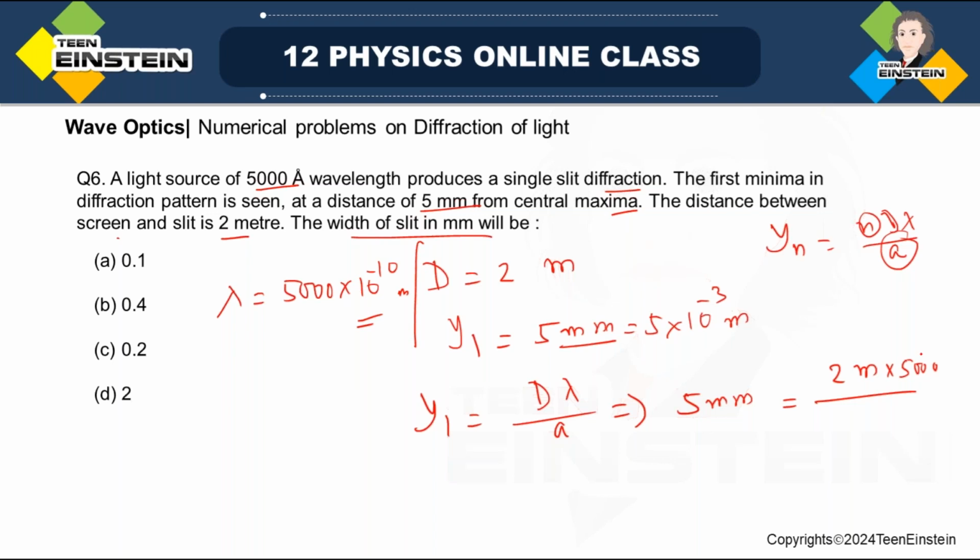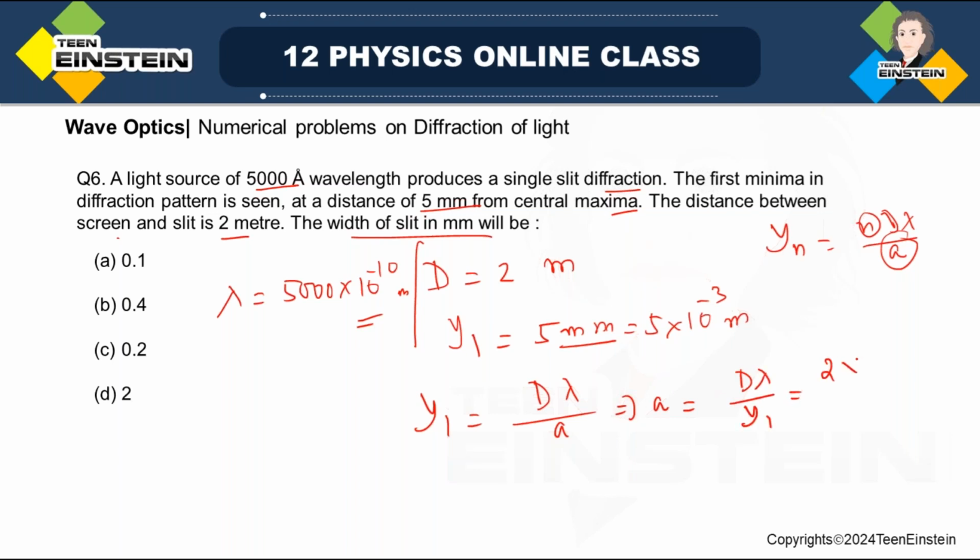So if we put the values here, a is equal to y1 into d lambda, sorry, y1 is given, so a will be written as d lambda by y1.